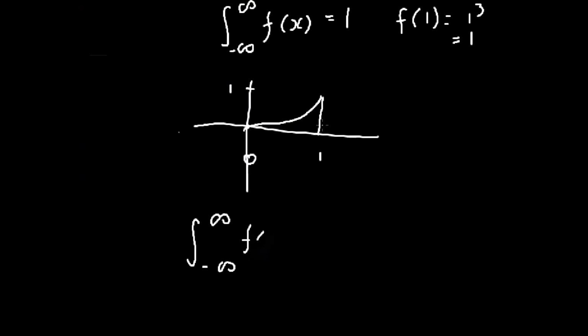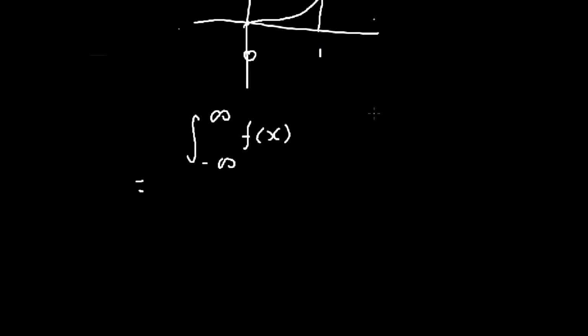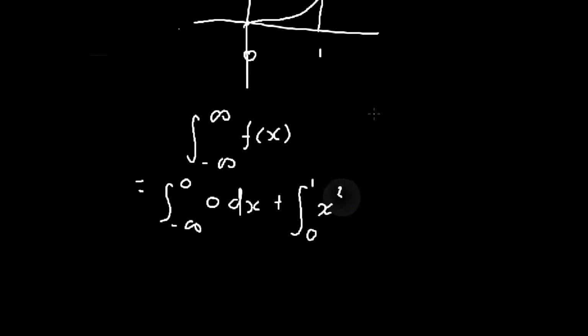So we can split this up to say that it's equal to minus infinity to 0 for 0, and then plus 0 to 1 for x to the 3, and then plus 1 to infinity for 0. And so we can just scratch those two and focus in on the middle one.